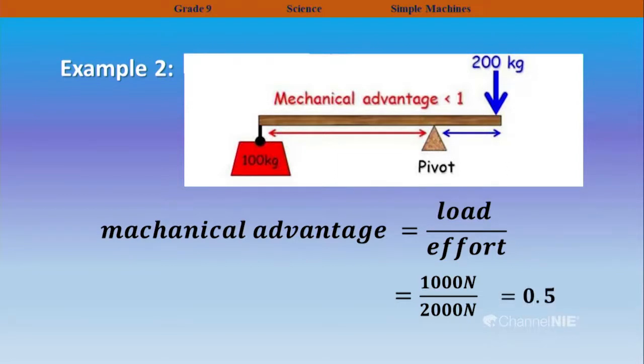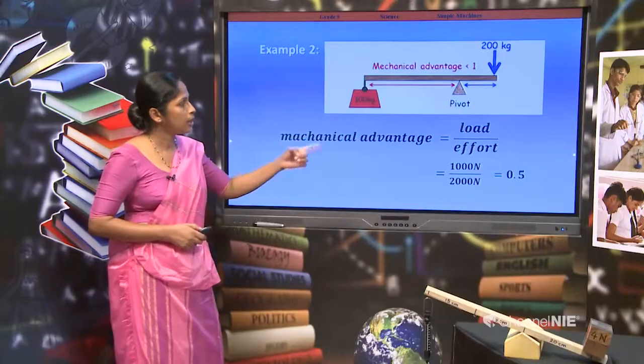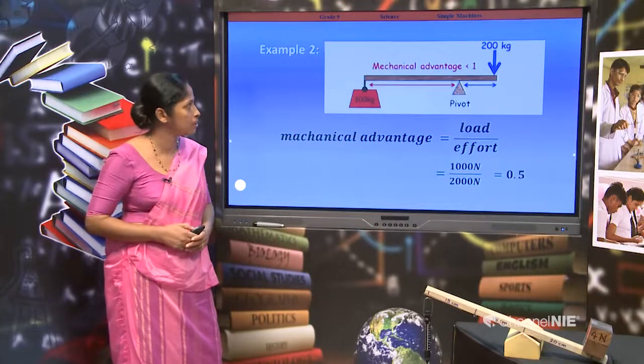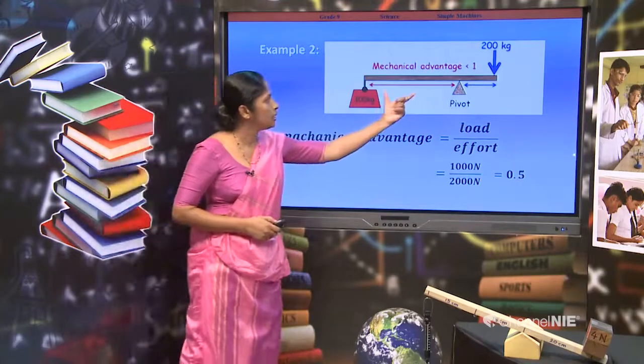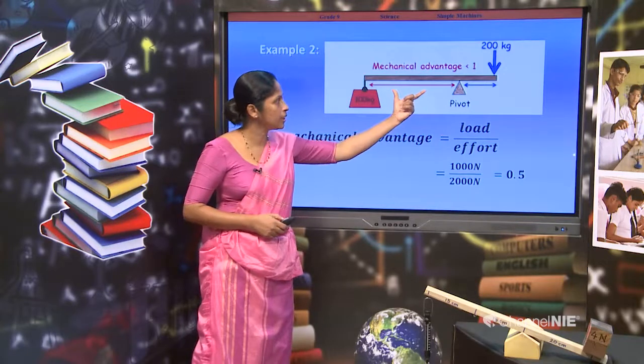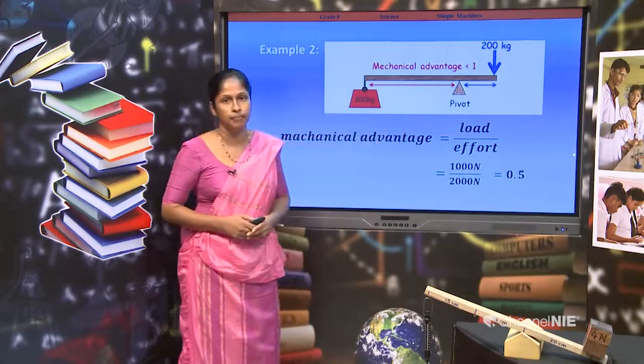You know, mechanical advantage 1000 divided by 2000 is 0.5. Mechanical advantage is less than 1. Let us see what has happened. Here the load arm is greater than the effort arm.